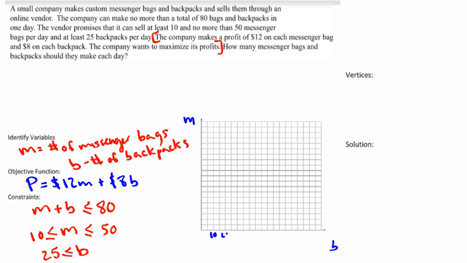Since we're going up around 80, I'm going to go every 2 blocks is going to be 10. 70, 80, 90, 100. Okay. That would be backpacks, and then messenger bags, 0, 10, 20, 30 is right there, 40, 50.